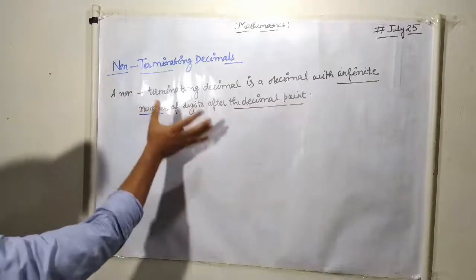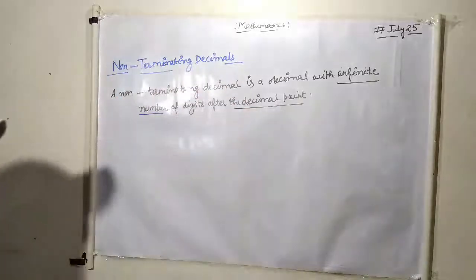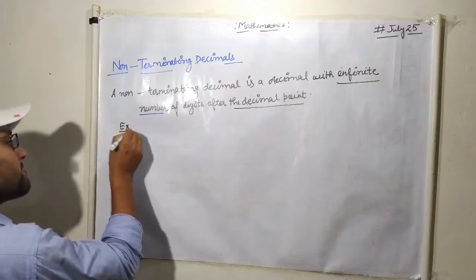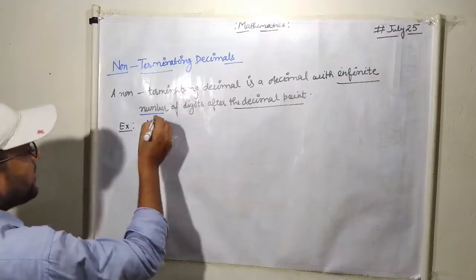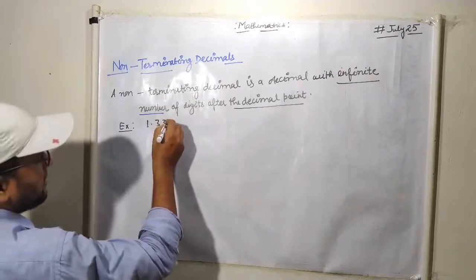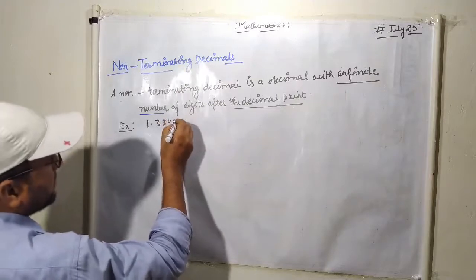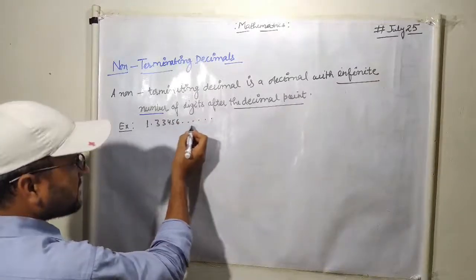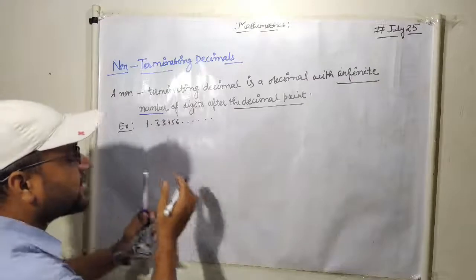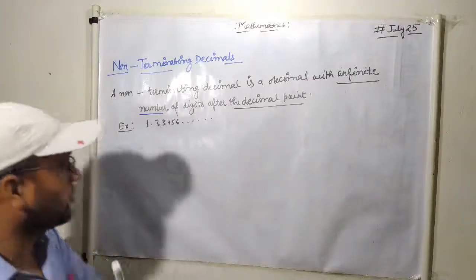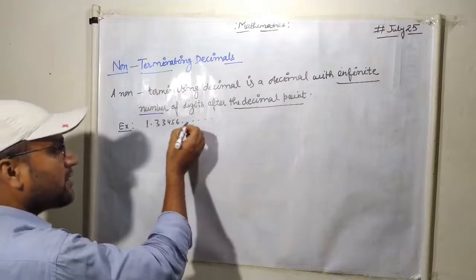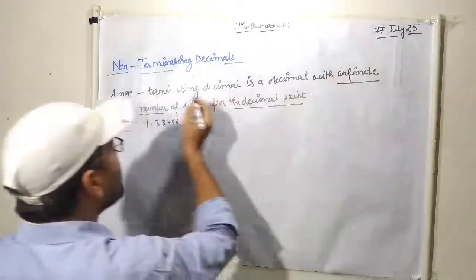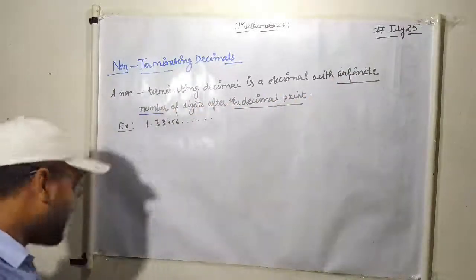So that type of decimal is known as a non-terminating decimal. I will show you an example: 1.3345 and so on, means that its remainder will not be equal to 0, the numbers will come one by one.